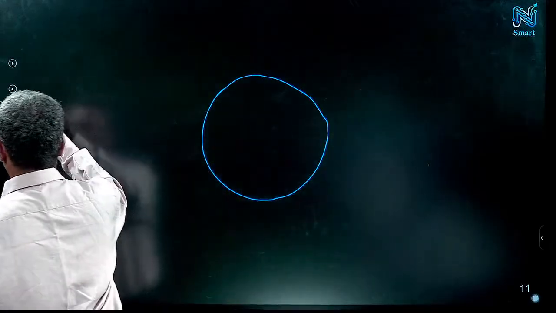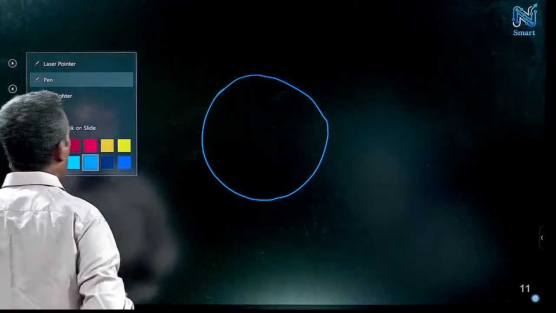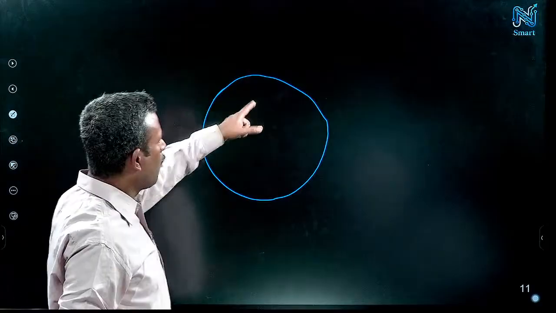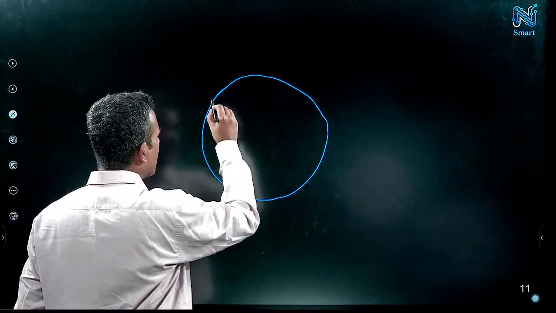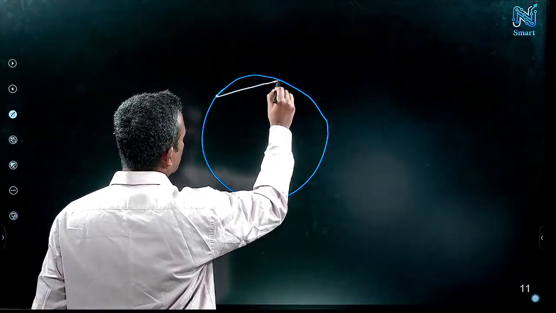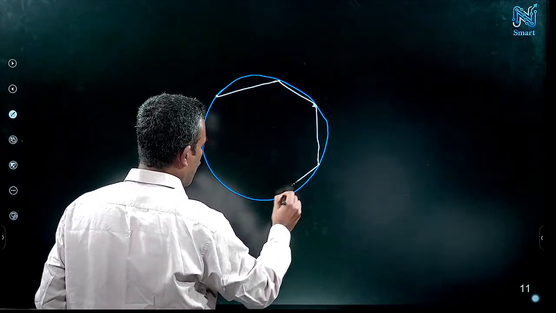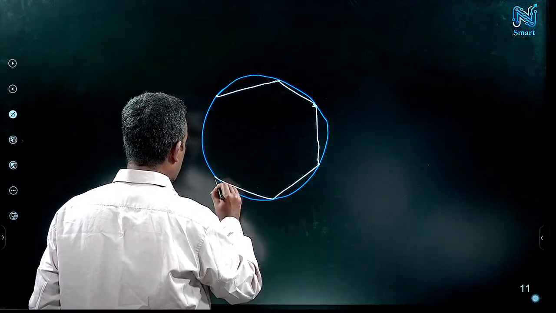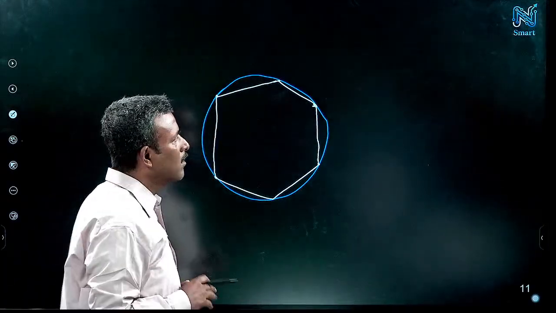Draw the circle first, and how do you draw a polygon inside this? Take any 5 points or 6 points. So 6 points, join this 1, 2, 3, 4, 5, maybe 6, it is the hexagon, a cyclic hexagon.